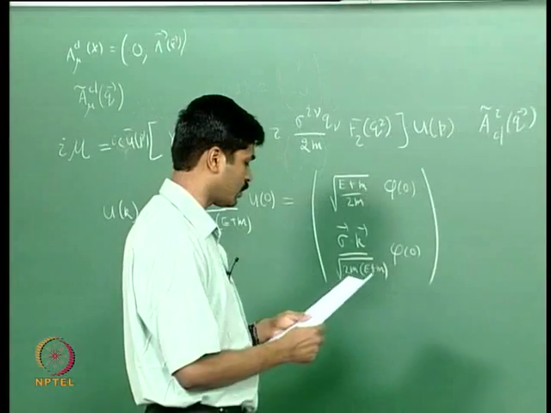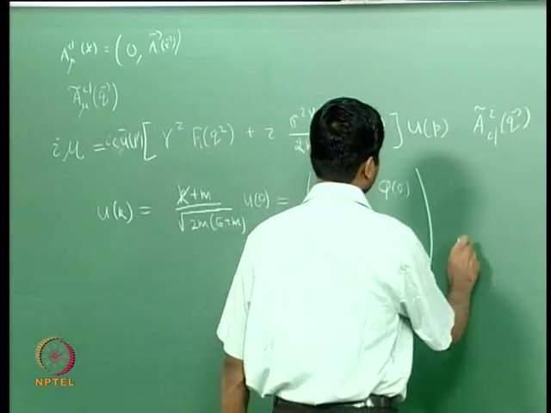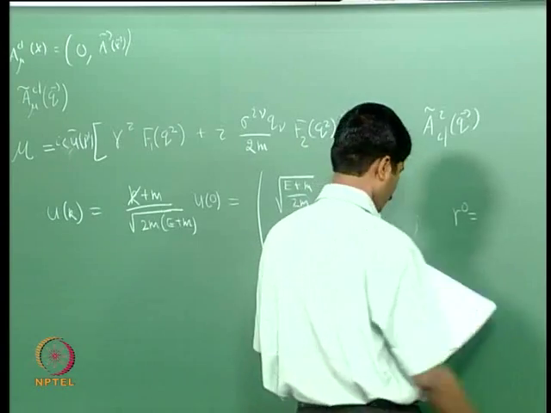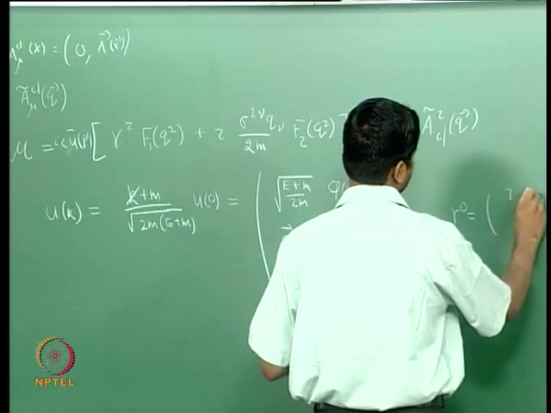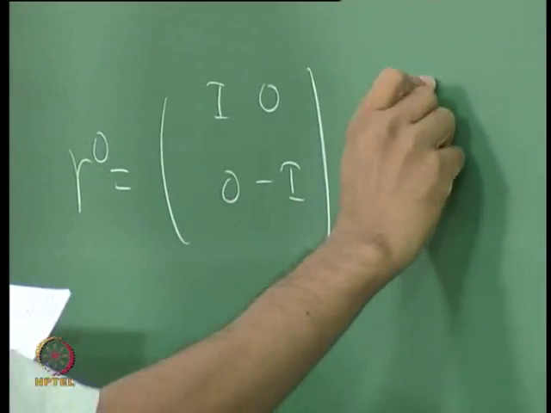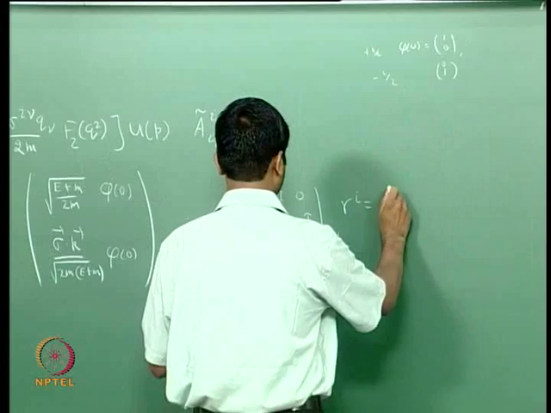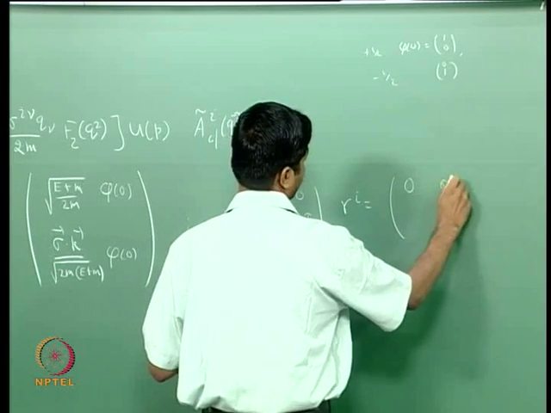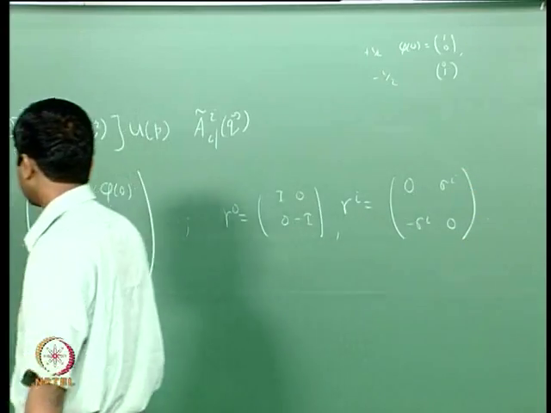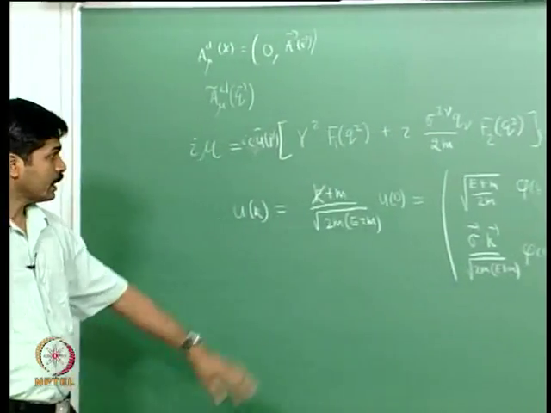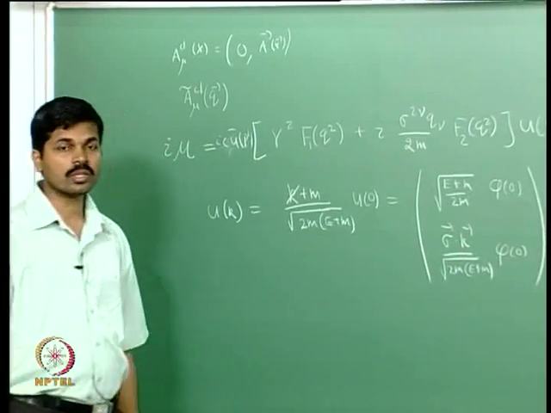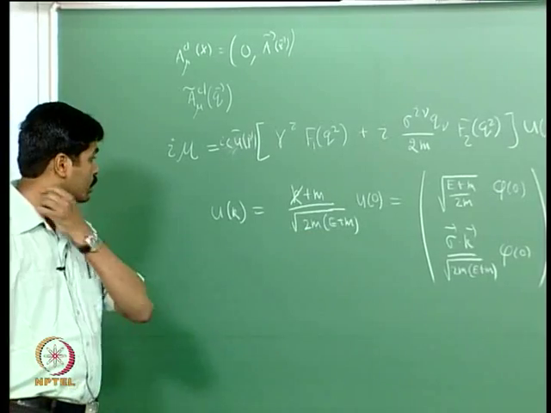So, we will stick with this notation, and we will work in the representation where γ⁰ is identity, 0, 0, minus identity, and γ^i is 0, σ^i, minus σ^i, 0. In addition, we will assume that the momenta are all small compared to the mass of the electron.